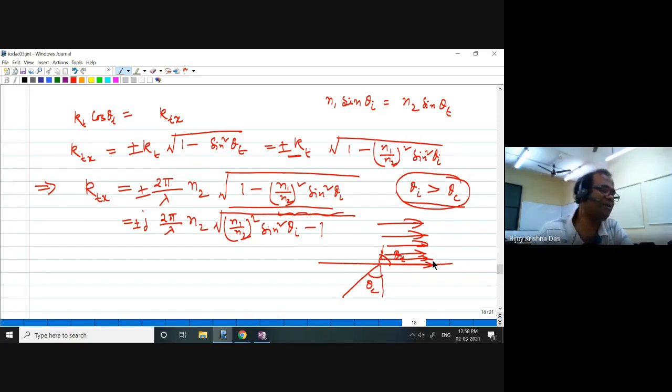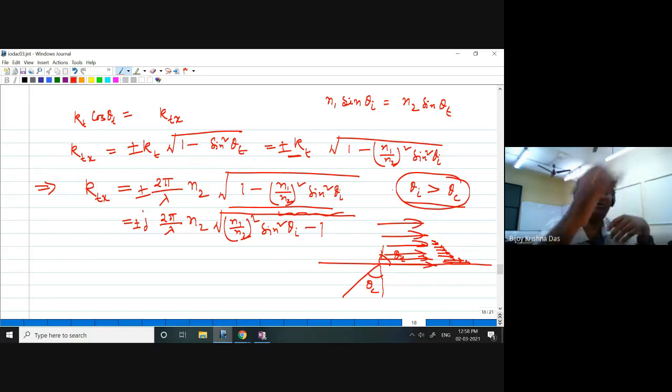So you need theta I greater than theta c, so that this evanescent field is decaying in nature. Very fast it should be decaying, so that you can design your waveguide effectively and practically.